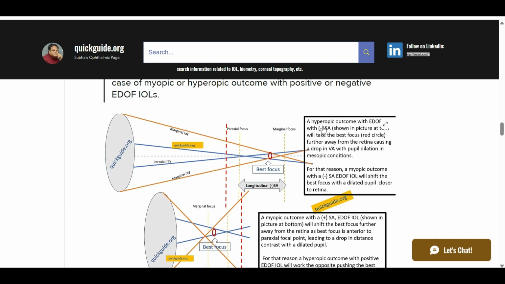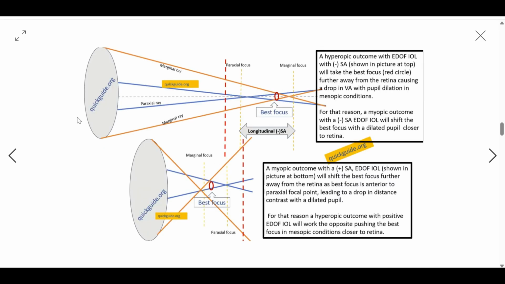So, if you have a hyperopic outcome, what happens with a lens which has a negative spherical aberration? A lens which has negative spherical aberration, if you are having a hyperopic outcome, and suppose this is the retinal plane over here, you will find that the best focus is further away from the image plane.